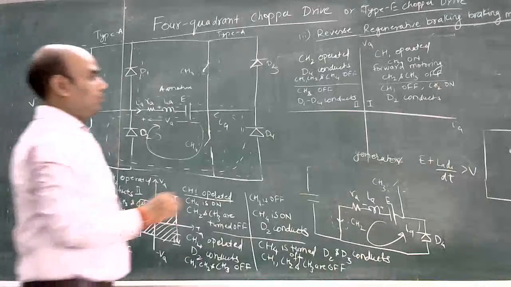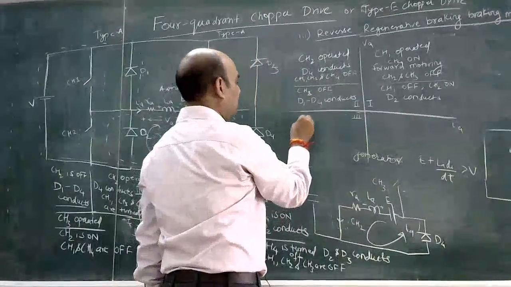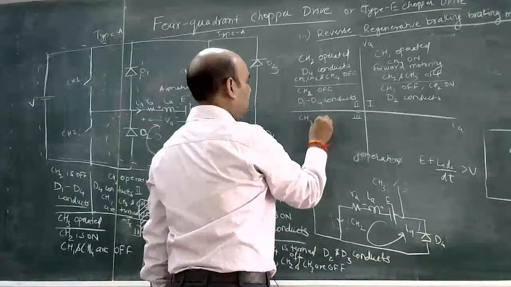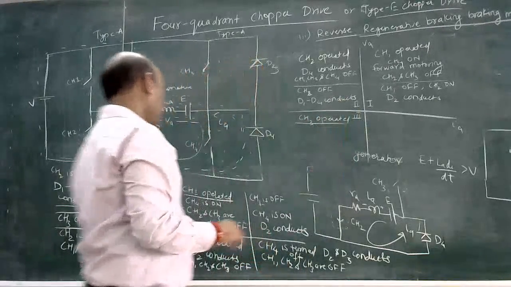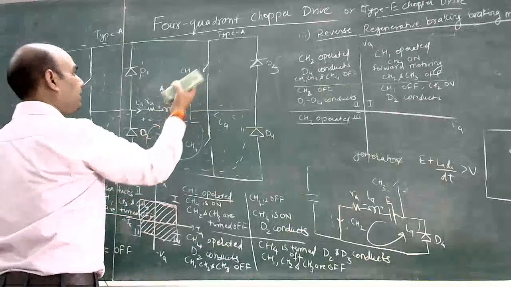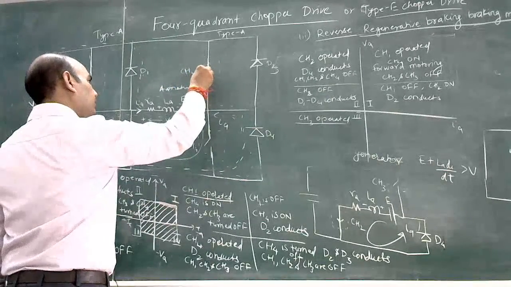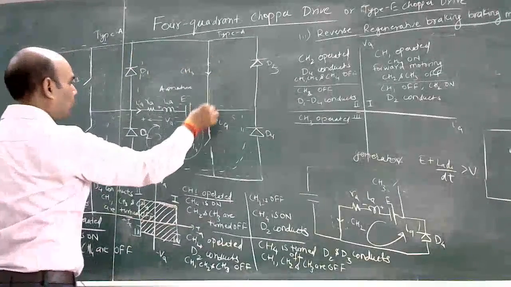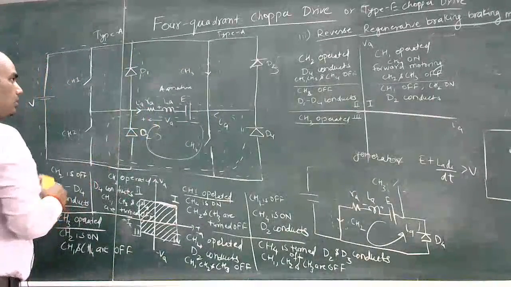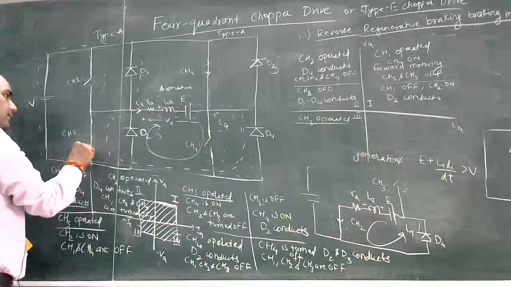For the third quadrant, we have to reverse the direction. CH3 is operated. So CH3 is on, but the only other switch which can be on is CH2.